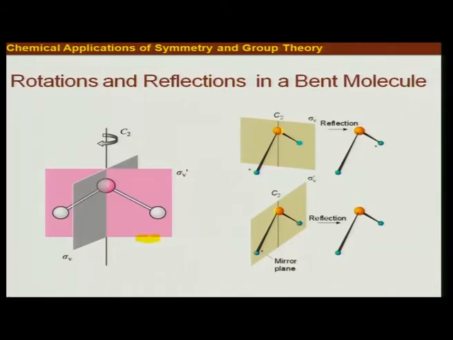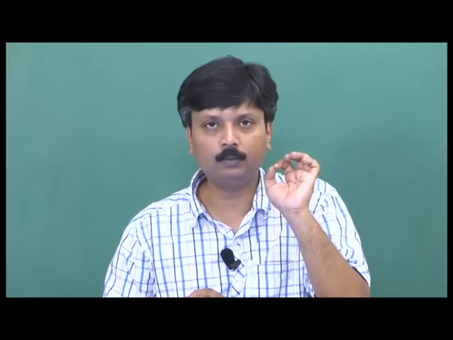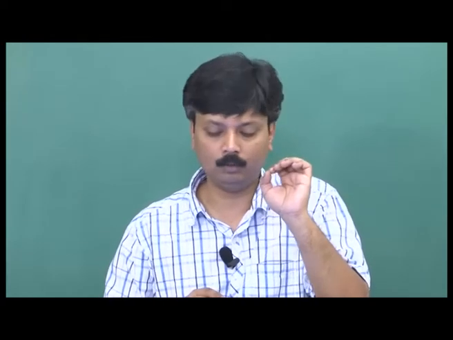This one is in somewhat pink color, and another is in a gray color. So these two planes, and it's very easy to see here, because this is one of the simplest structures that you can have, each one of them will produce an indistinguishable structure of this water molecule when we operate this reflection.